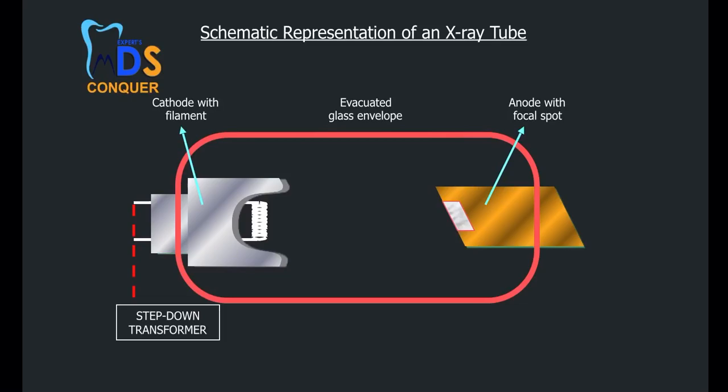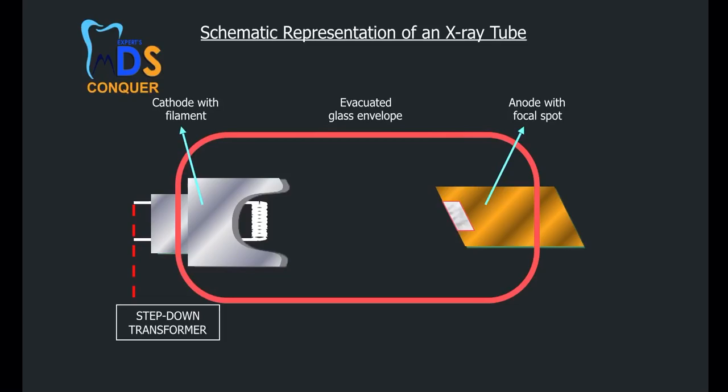Now you can see a concave-shaped cup which is called the focusing cup, and it is made up of molybdenum. The cup is parabolic or concave-shaped. Why? Because it can electrostatically focus the electrons towards the focal spot which is present in the anode. These are the important aspects related to the cathode.